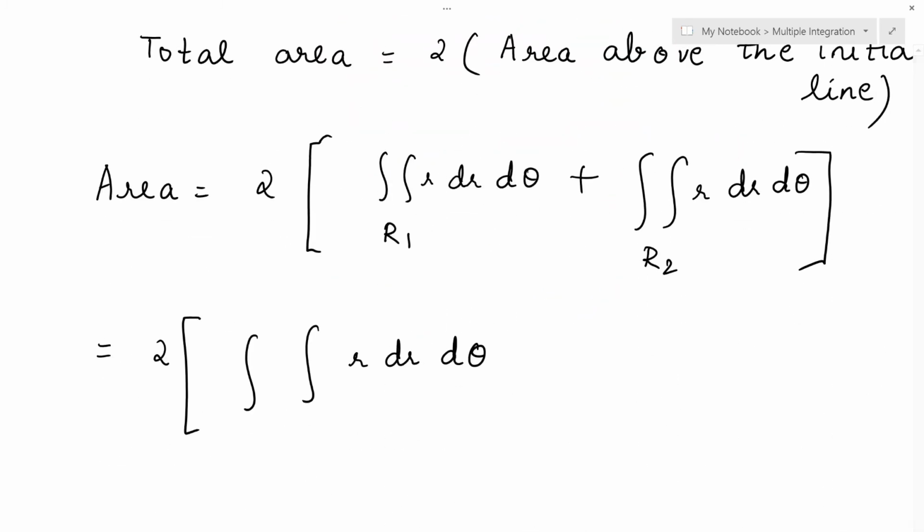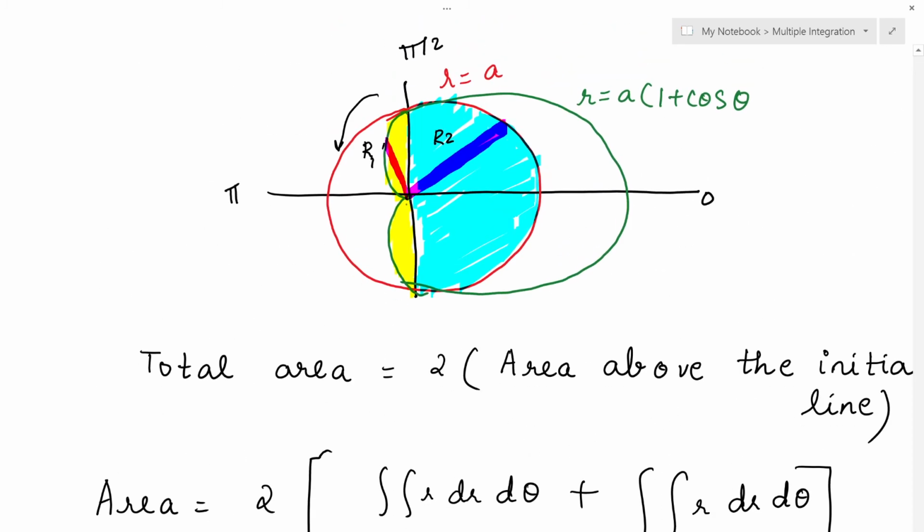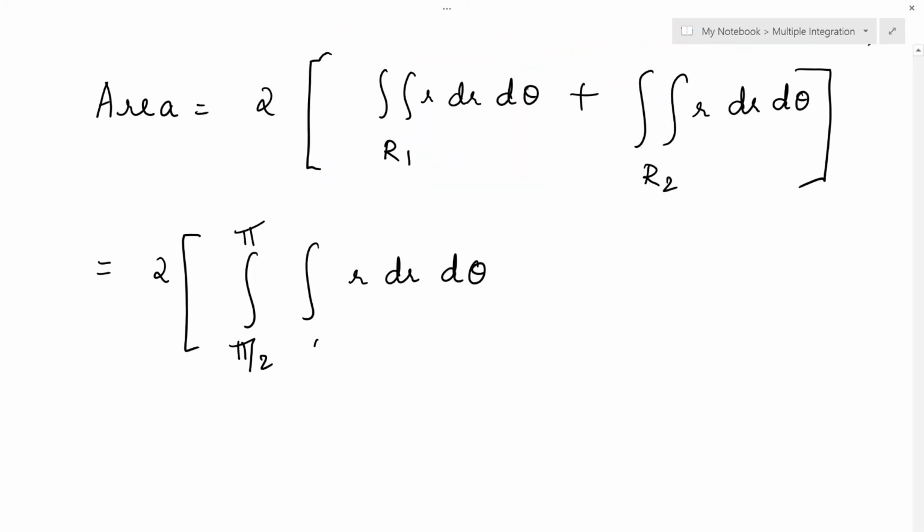So my outer limits will be pi by 2 to pi. Next, region 1 starts from the origin, that is 0, and it touches this green curve. This green curve is nothing but r is equal to a into 1 plus cos theta. So the limits will be 0 to a into 1 plus cos theta. Okay, so these are the limits for my region 1.